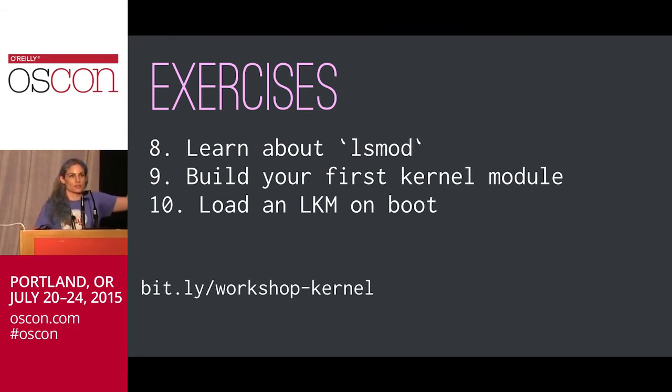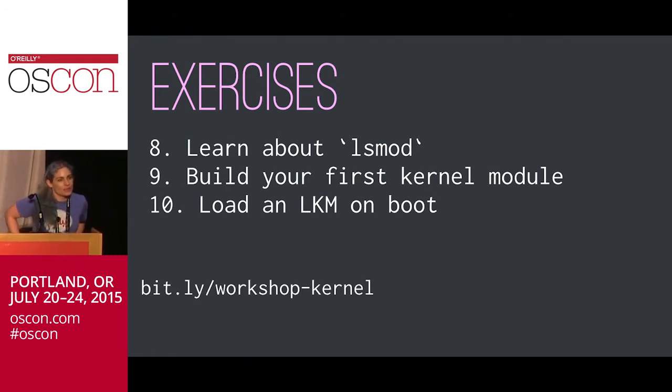Does anyone have any questions at all? Yeah, when you earlier ran your make command to build, did that work because you had already installed the C compiler into the image that we have?